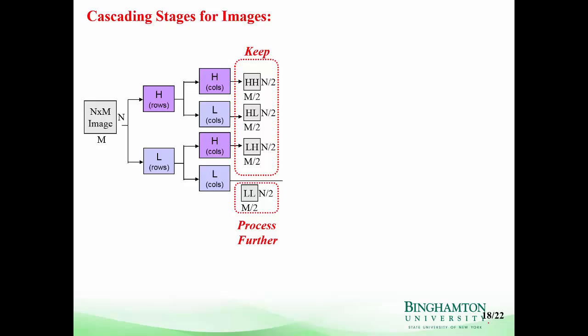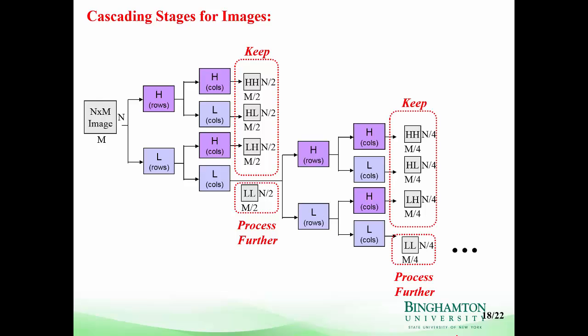And so here's how we cascade the stages. So there's the first stage. I know it looks like 2, but it's 1. We already argued about that. There's my first stage. The top stuff I keep. The one bottom thing I process further. And so there's my next stage. Looks exactly like this, although the sizes will be half the size. I'm not showing the subscripts on the H's and the L's here.